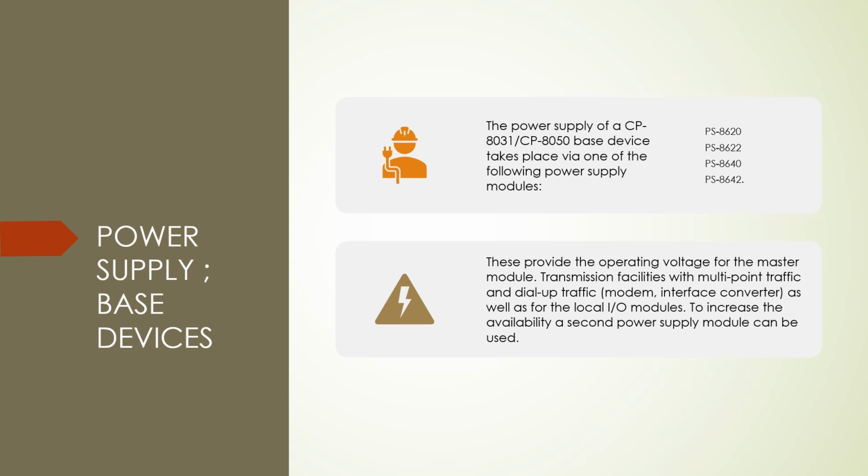The difference is only the consumption, because 8620 and 22 support up to 12 watt, and 40 and 42 support 45 watt.